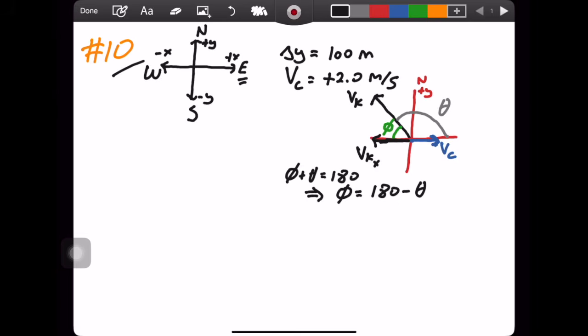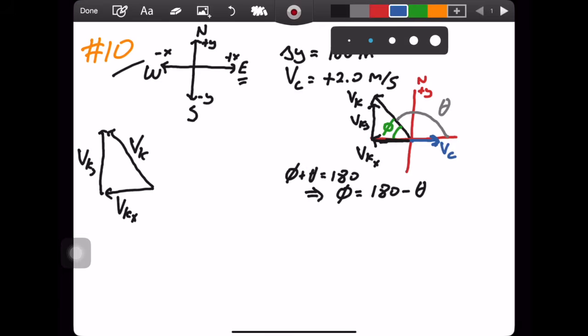Just to be complete here, there's also a y component, v kayaker y. And now I want to blow up that triangle such that this is v kayaker, this is v kayaker x, this is v kayaker y. And now I want to invoke SOHCAHTOA.